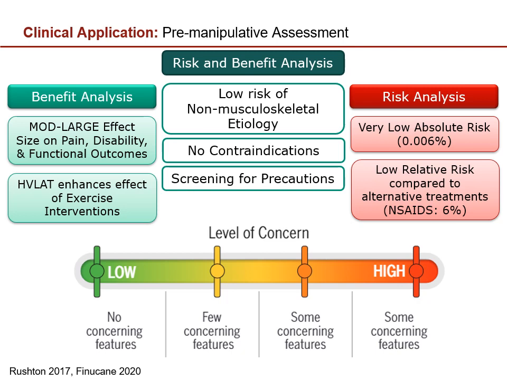If they're on the left-hand side in the low and or few concerning category, then the risk and the benefit of incorporating the intervention in adjunct to a more comprehensive plan, including exercise, may be appropriate.